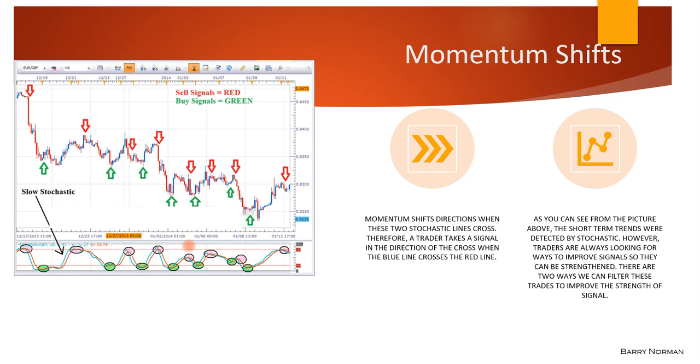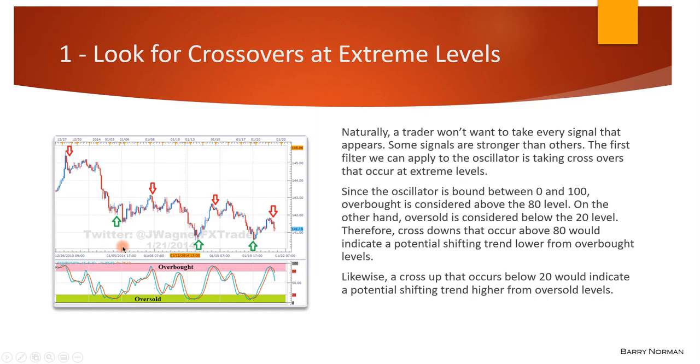So momentum shifts direction when the two stochastic lines cross. Therefore, a trader takes a signal in the direction of the cross when the blue line crosses the red line, which are the calculations below of the K and the D. Naturally, a trader won't want to take every signal.